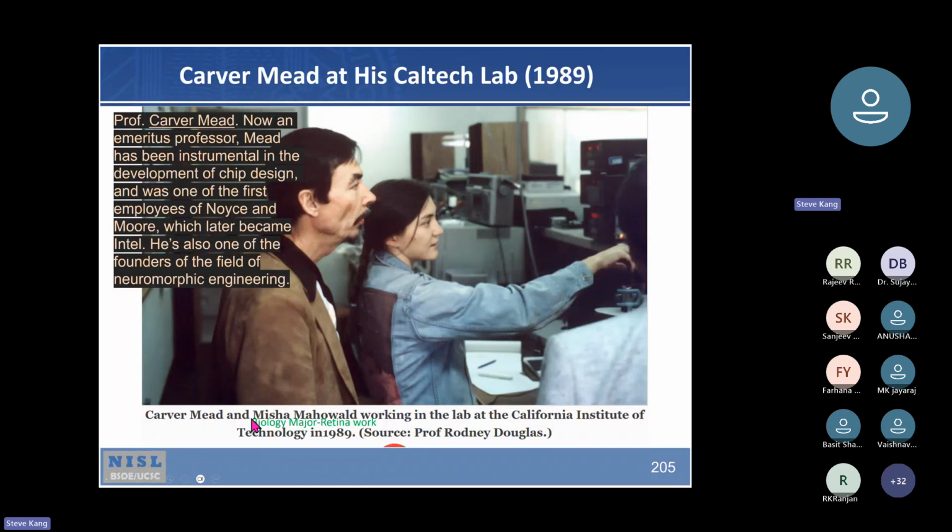So Carver Mead and his biology major student, Misha Mahowald, worked in the lab at Caltech on retina work. So that's how he started his work in 1989. And he said he learned the biology from this student and made all these groundbreaking studies.